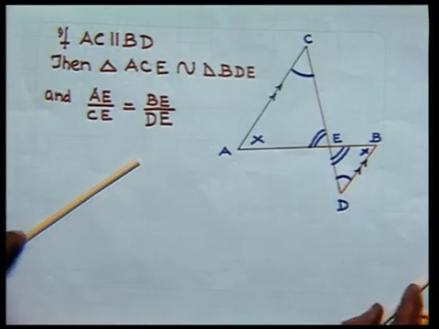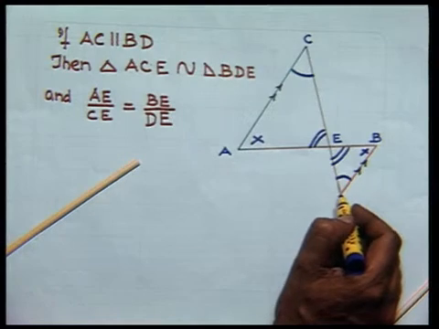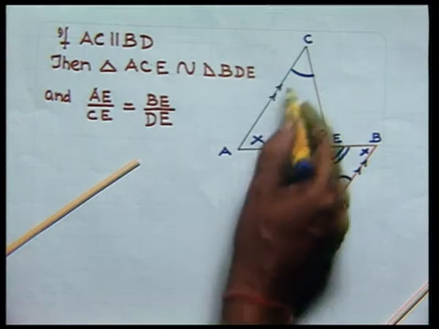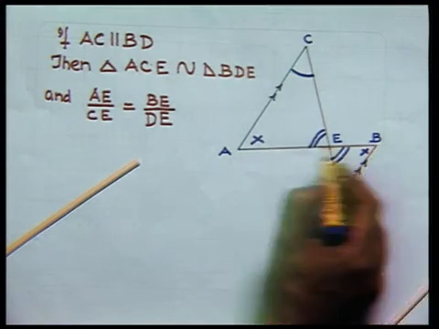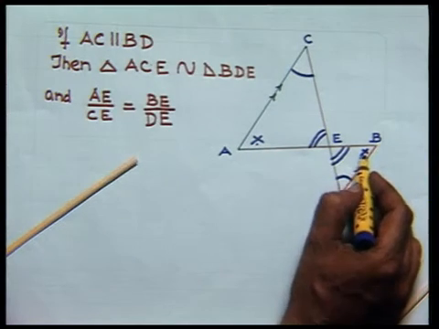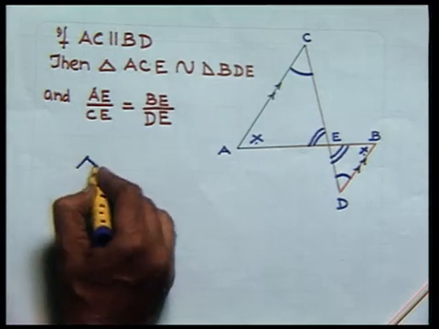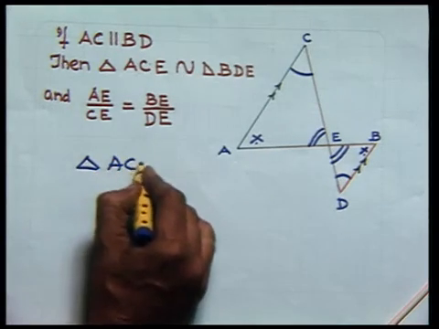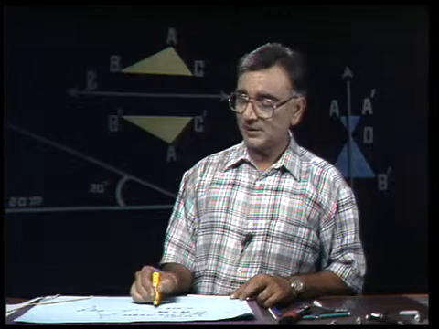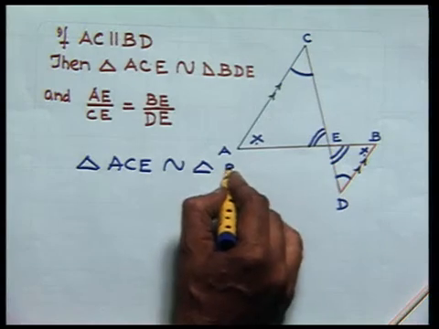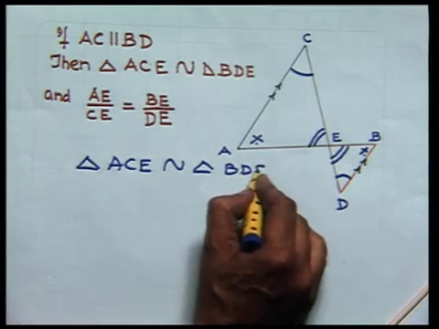Even otherwise, making use of the parallel lines, BD is parallel to AC and this is the transversal which cuts them. So, this angle will be equal to this angle as alternate angles. So, we find that triangle ACE is similar to triangle BDE.